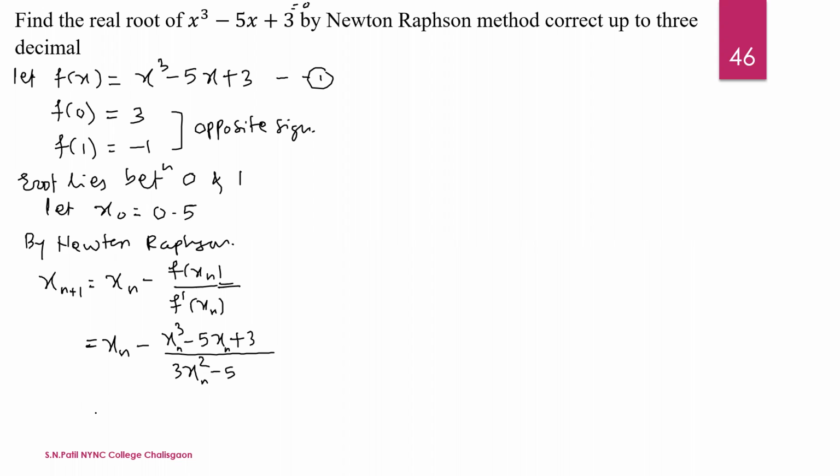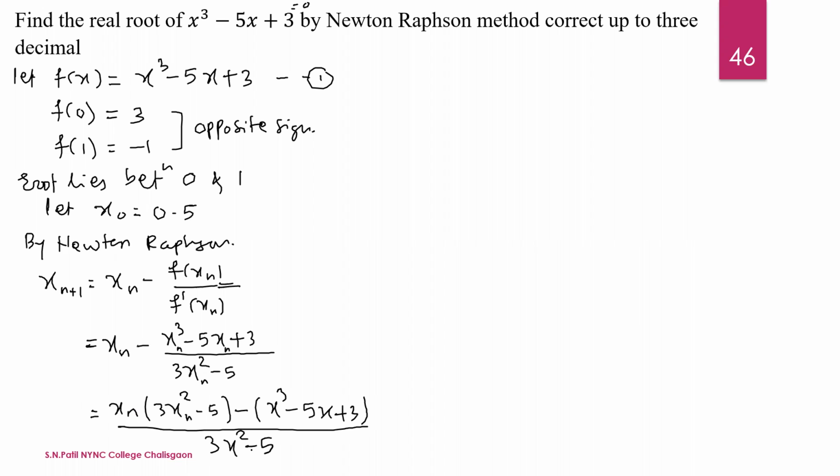Now simplify. We get 3x square minus 5 minus x cube minus 5x plus 3, and the denominator is 3x square minus 5, with suffix n.